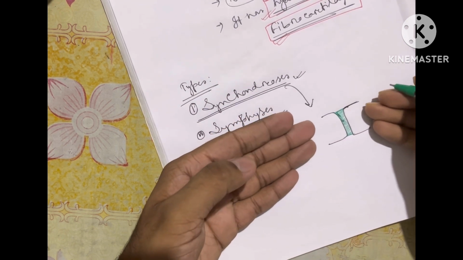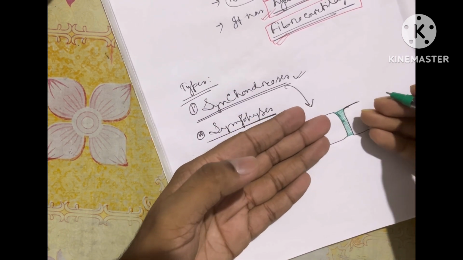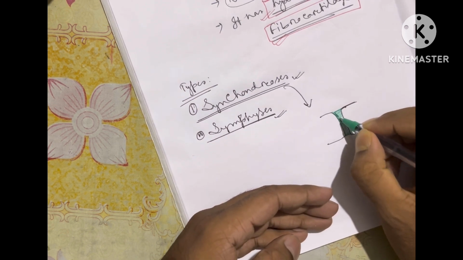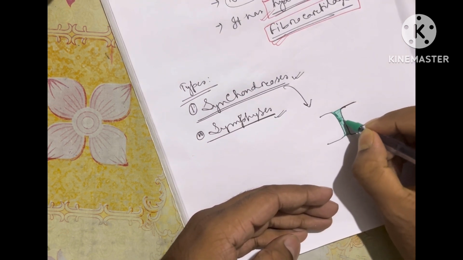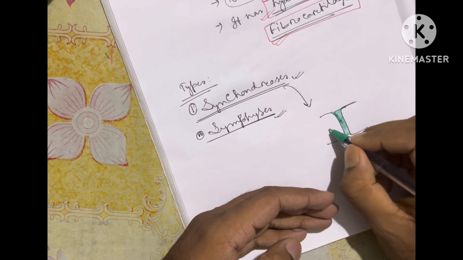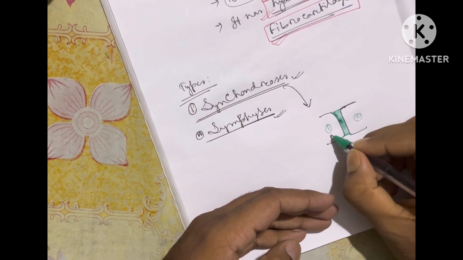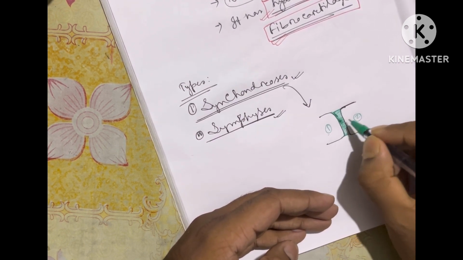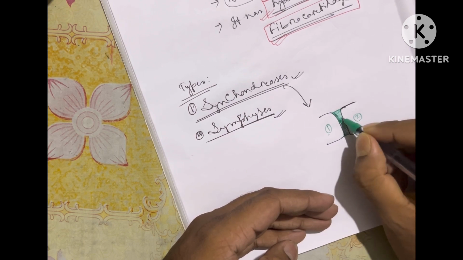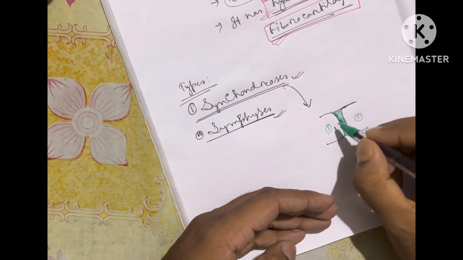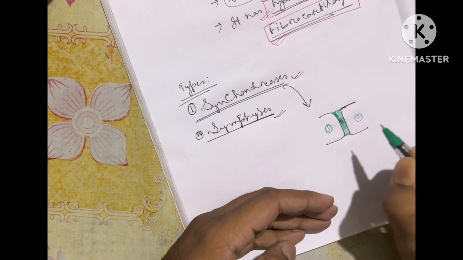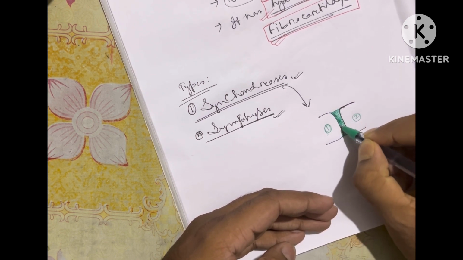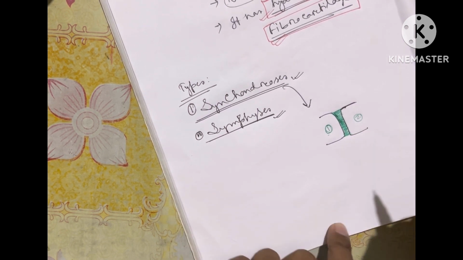So two endings of bone we have to connect. That's why it is called the articulating bone. Articulate means the end portion. So this is bone number one, this is bone number two. Now the endings of number one and two we are connecting. That's why these are called articulating bones, and we connect them with some kind of hyaline cartilage.